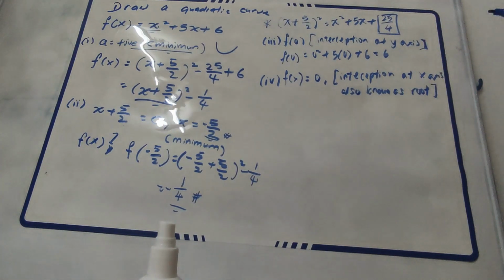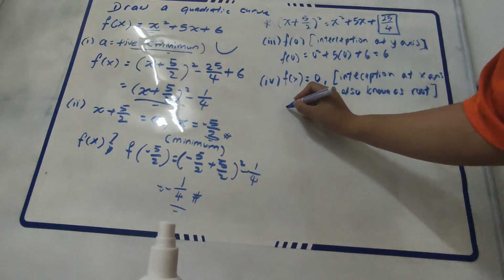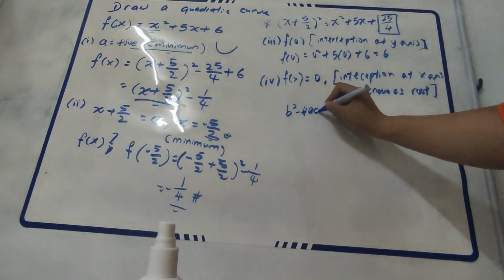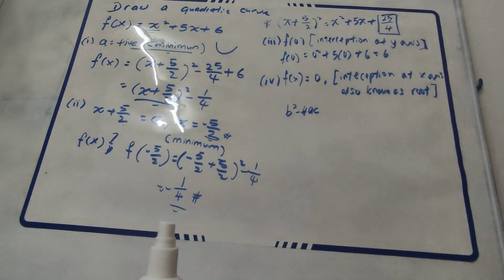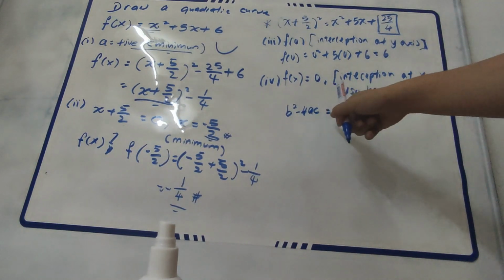So to determine whether they intersect at the x-axis or not, you can use part of the quadratic formula, b squared minus 4ac.